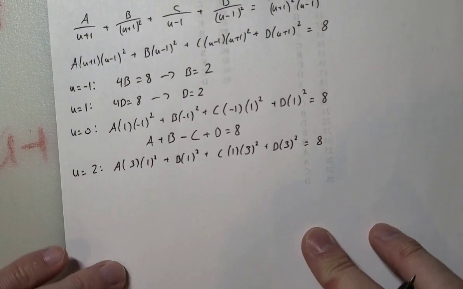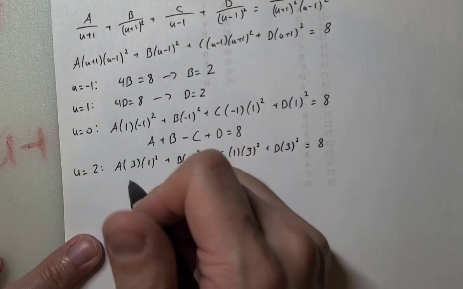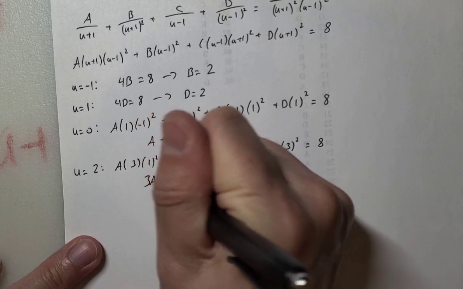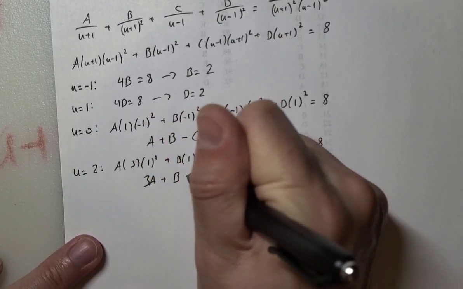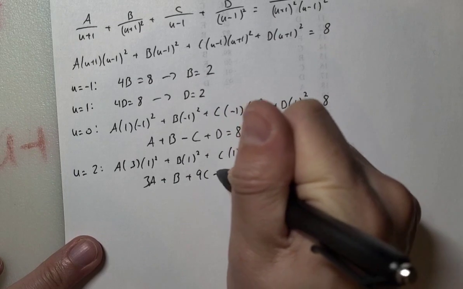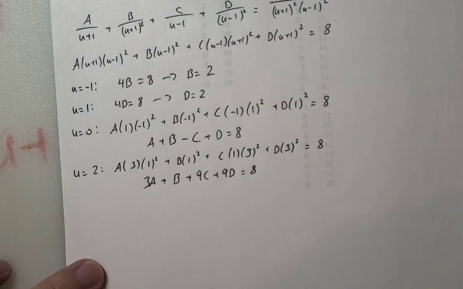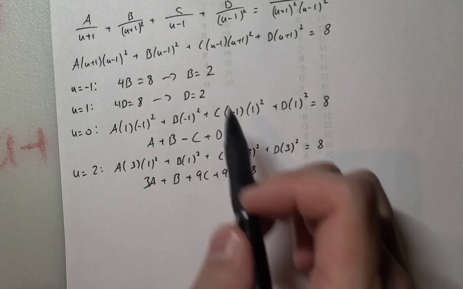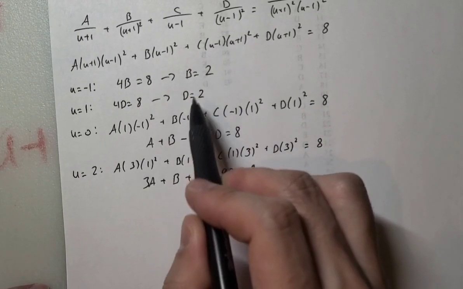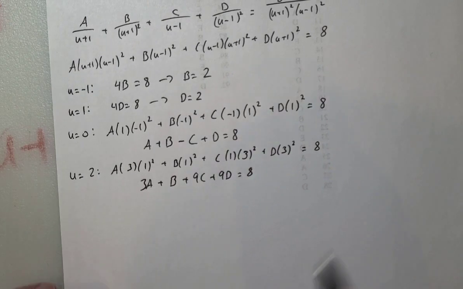Okay, so we're getting a little closer. So we get 3a plus b plus 9c plus 9d is equal to 8. Okay, so now we've got to solve the system of equations. 4 equations, 4 unknowns, so we can do it.